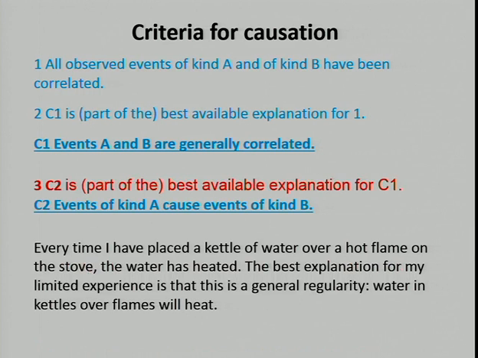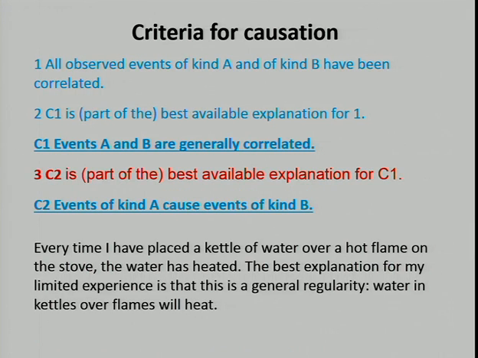We do that by again making an explanatory claim. If events of kind A cause events of kind B, that would be the best available, or generally the best explanation of why they are generally correlated. So a causal claim is going to provide the best explanation of general correlation and observed correlation. Yeah?